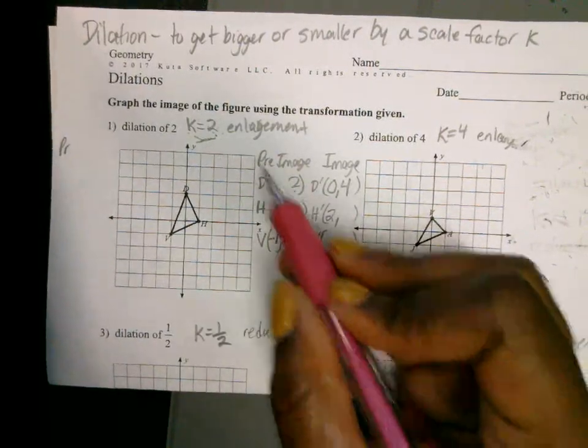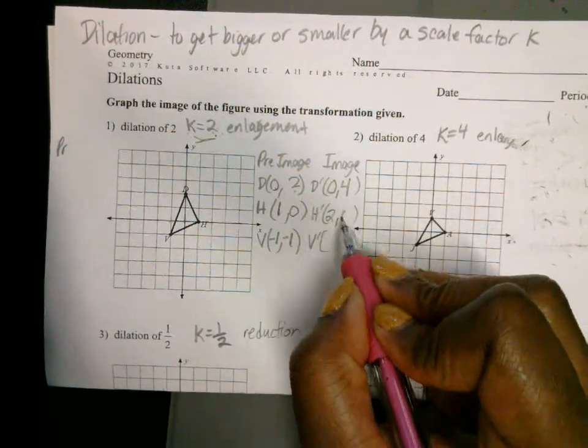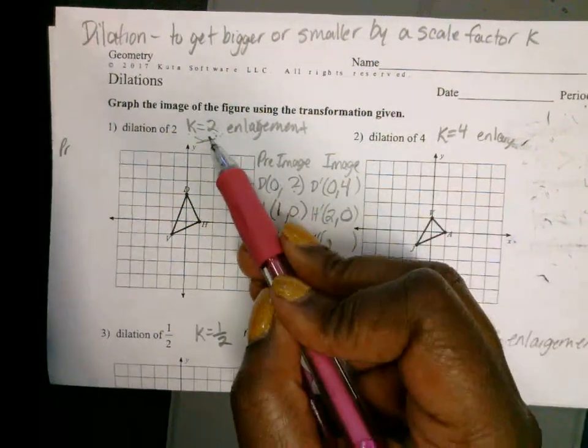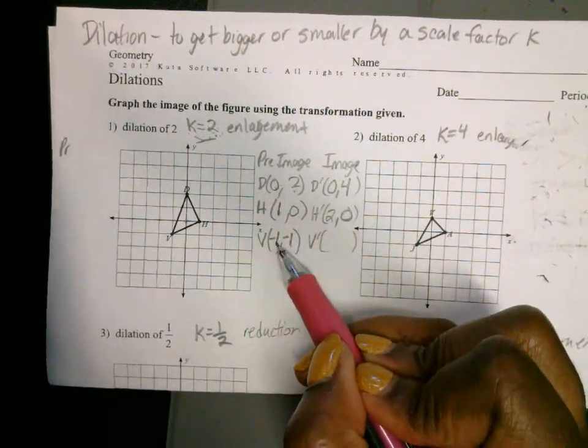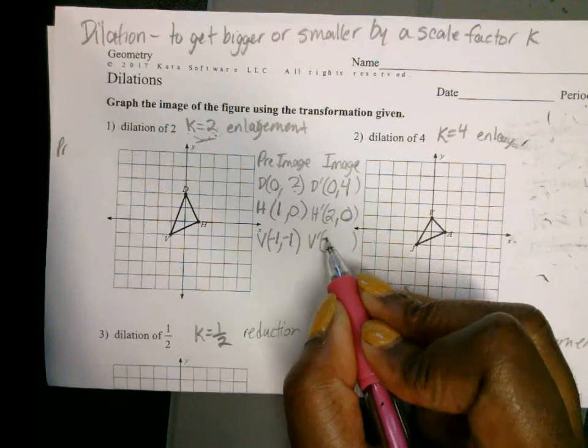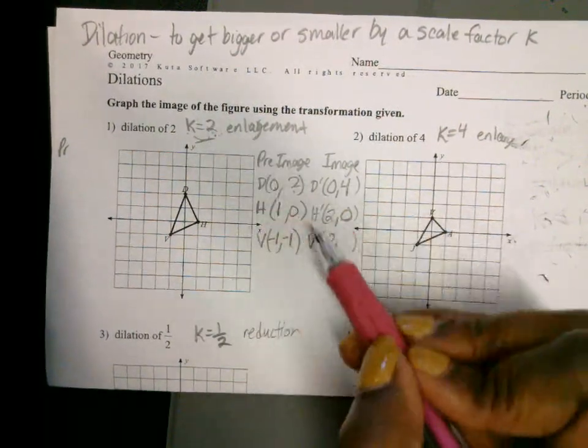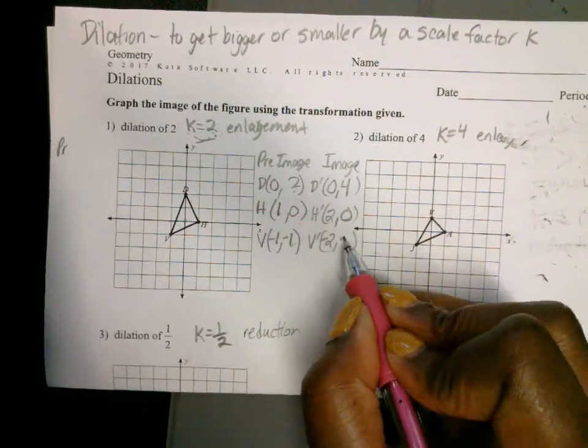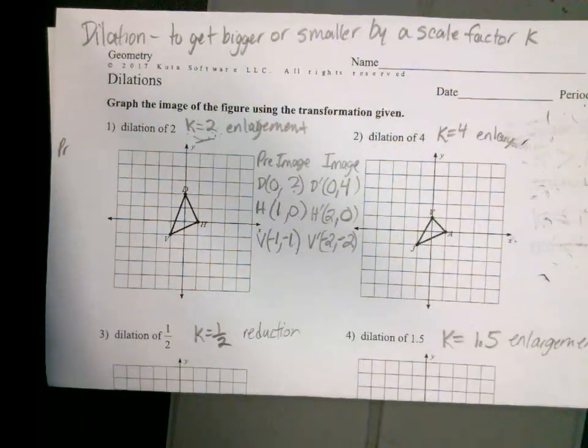What's 2 times 0? What's 2 times negative 1? Negative 2. And what's 2 times negative 1 again? Negative 2. Do you see what I did? Whatever the scale factor is, I'm going to multiply it times all of those numbers.